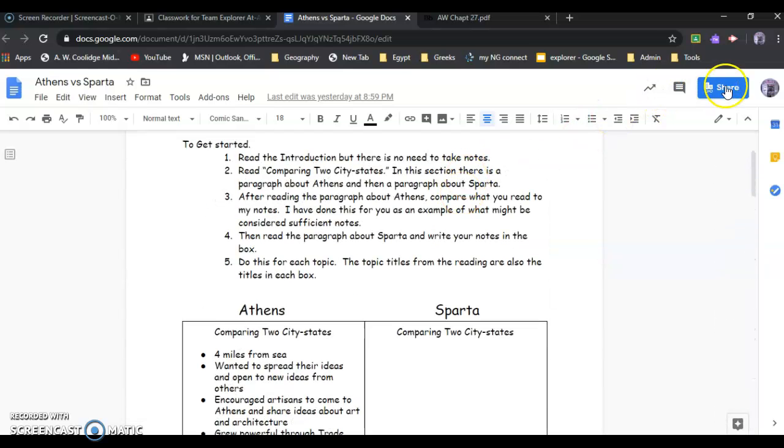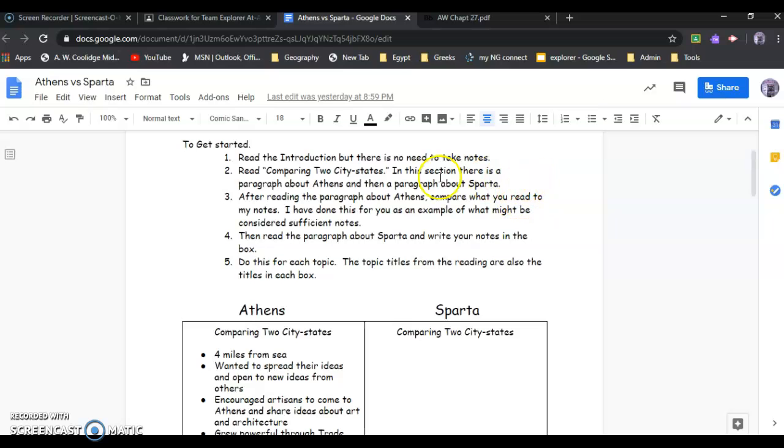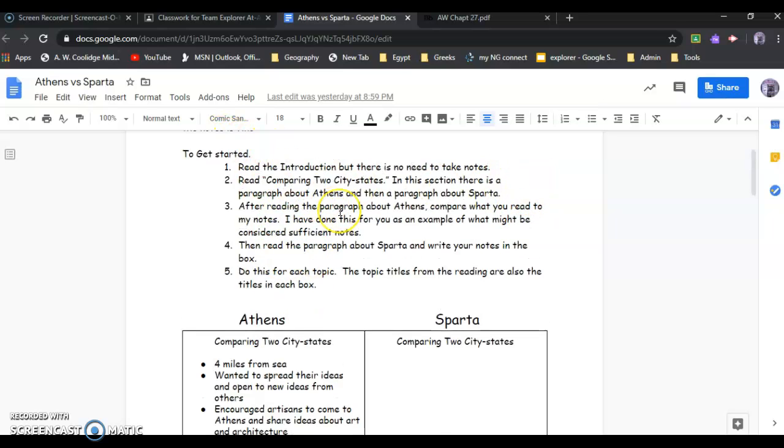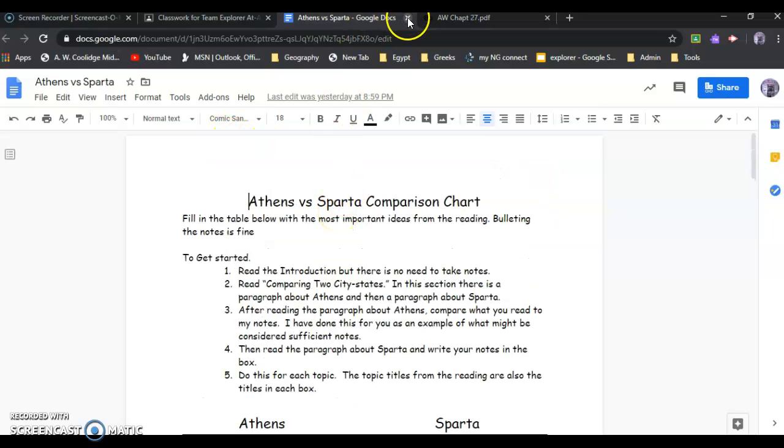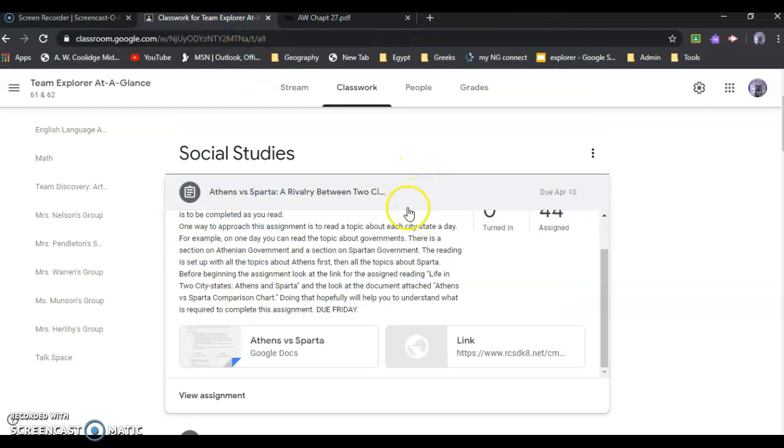I would like to see you share it once you've started it, so I can take a look and comment. I hope this helps. There's also directions here, and I hope they're clear. If I go back to the social studies page, I also lay out the directions here. This is something you can take basically the whole week to do.